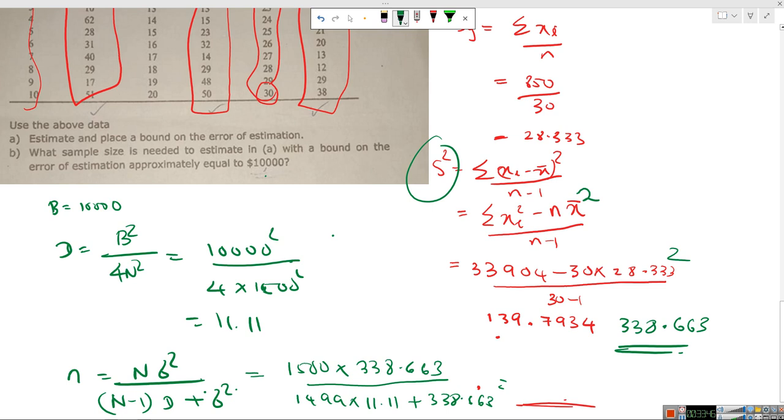So if you simplify this, it equals 29.8, so approximately equal to 30. For this bound on the error, we have to take 30 samples.